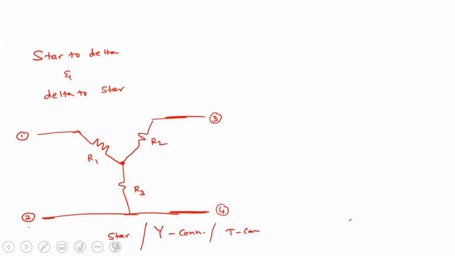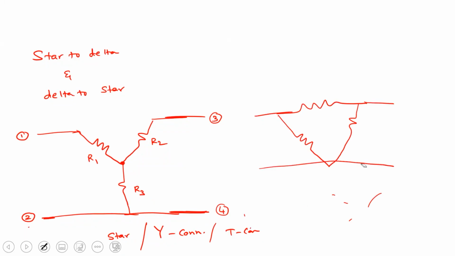So we have this other connection, for example, something like this. What kind of connection is that?